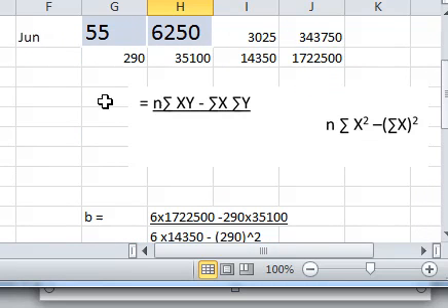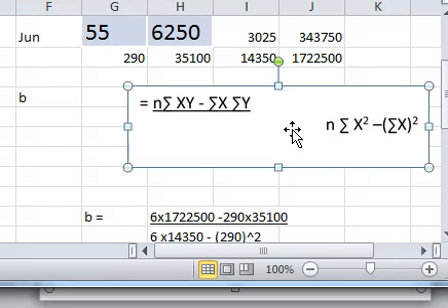So applying our formula, where we said b is equal to n summation of xy minus summation of x times summation of y, divided by, sorry, the formula moved a bit, n summation of x squared minus summation of x all squared.